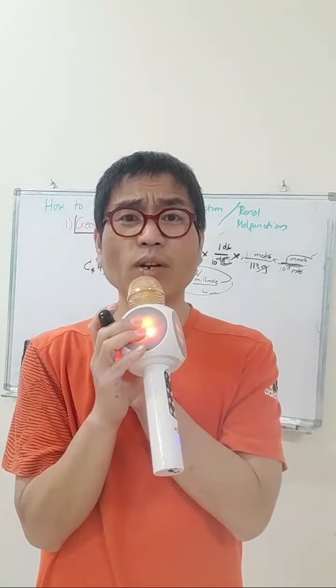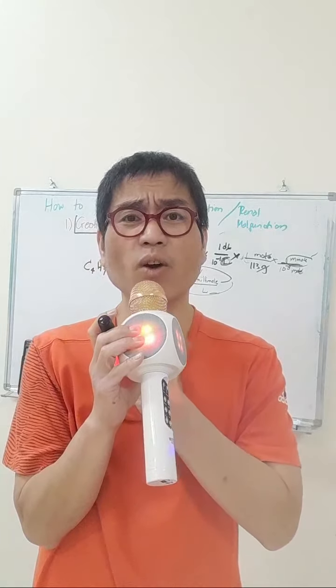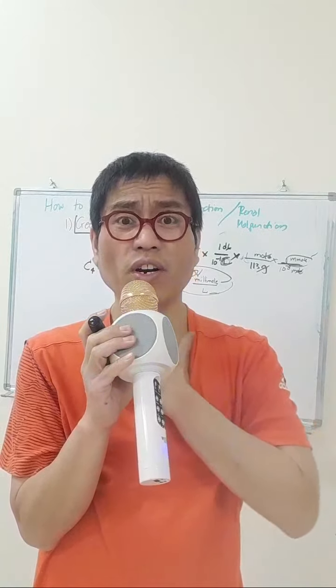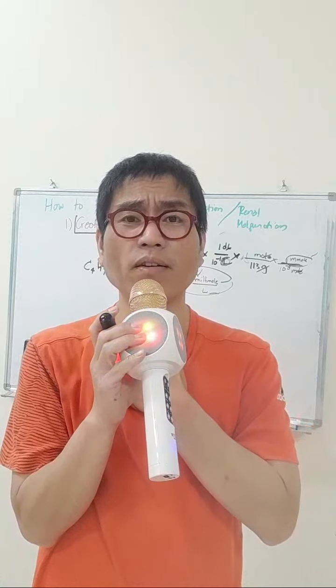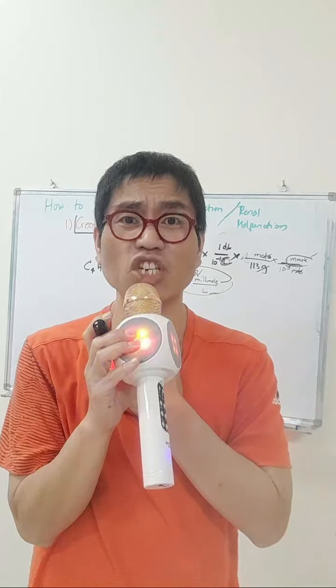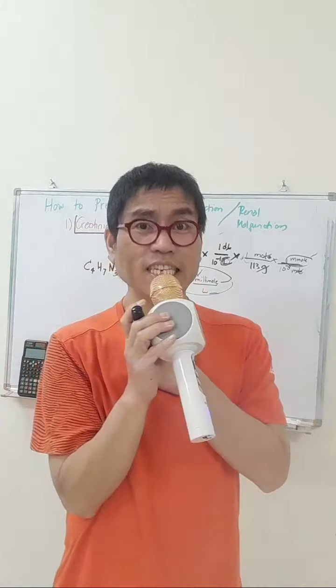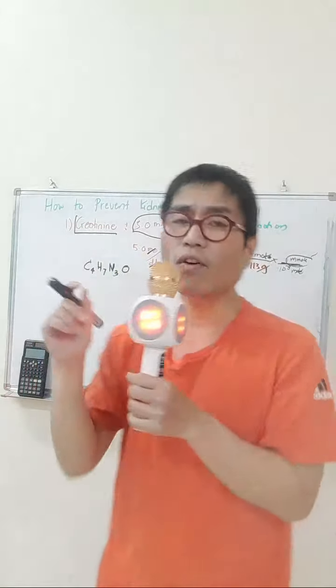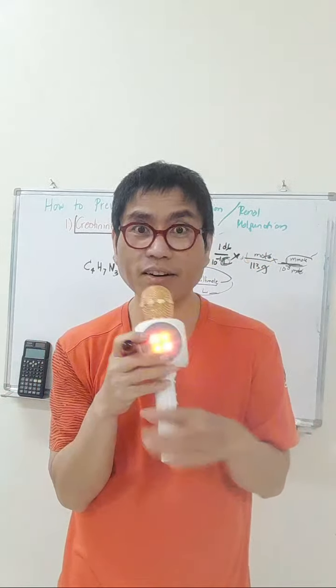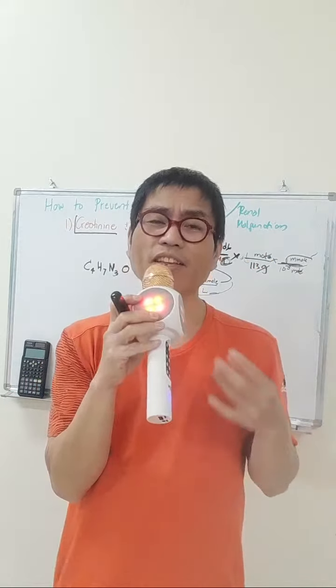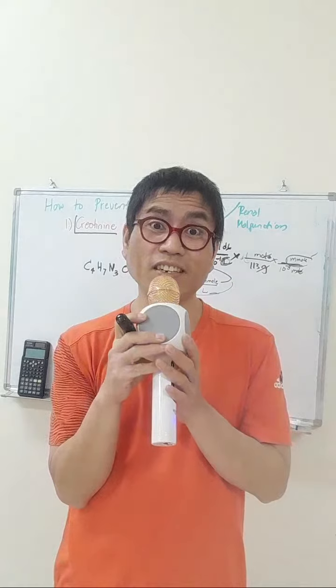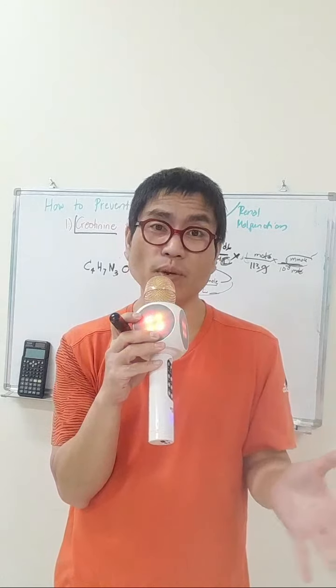If it is not digested, the function of the liver is to filter the creatinine, this kind of protein, from our blood, and then after that it will be excreted or removed in the urine.